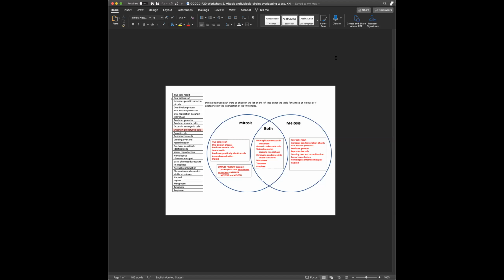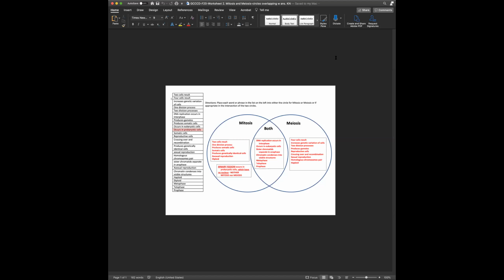The directions here: place each word or phrase in the list on the left into either the circle for mitosis or meiosis, or if appropriate, in the intersection of the 2 circles. So each of these terms is either one or the other or both. So let's just start at the top with the time we have left and go down this list.